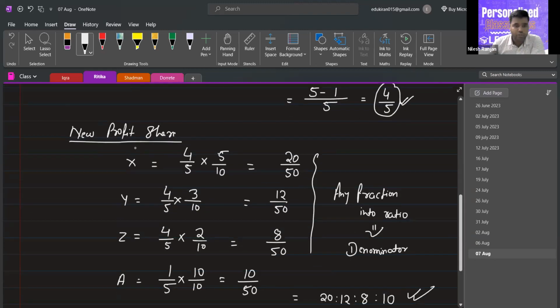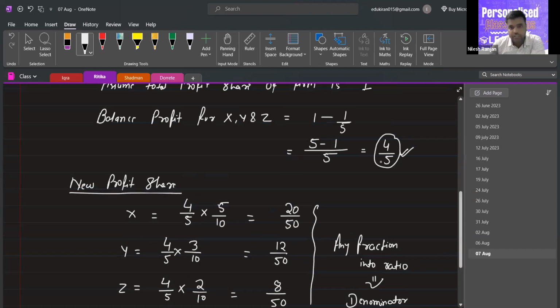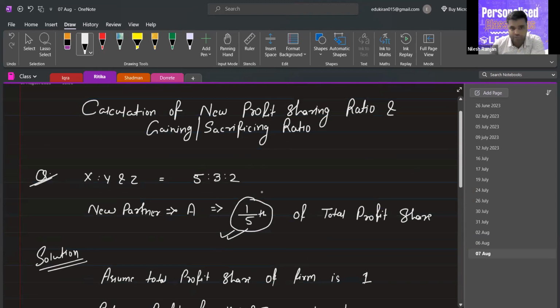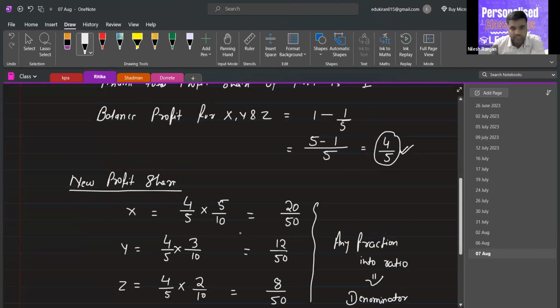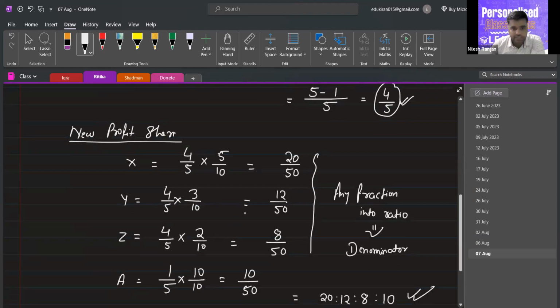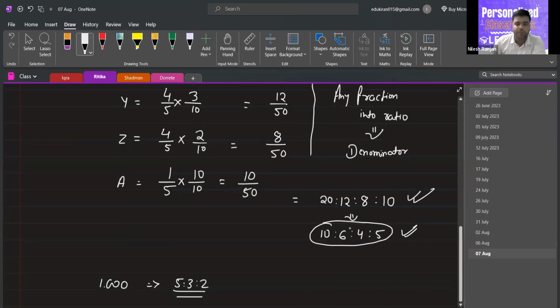Now, in the new profit share, we have distributed this 4 by 5 into their old ratio, that is 5:3:2, and we have multiplied it with 5 by 10, 3 by 10, 2 by 10. So it is 20 by 50, 12 by 50, and 8 by 50. And then we have made the profit share of the new partner equal to the denominator of X, Y, Z, and it becomes 10 by 50. Now we have converted these into ratio 20, 12, 8, and 10.